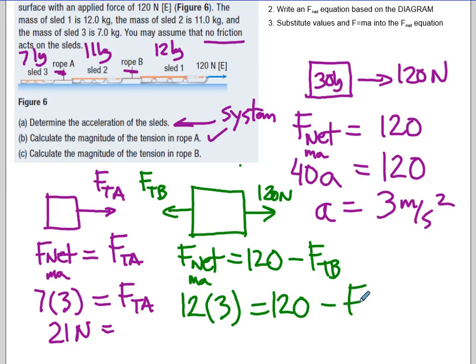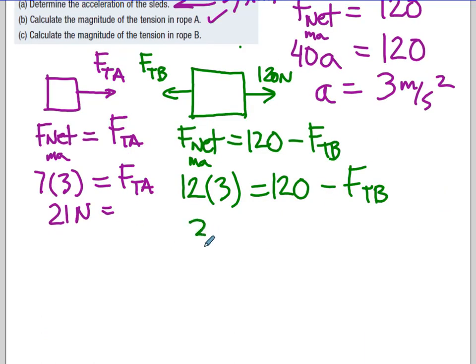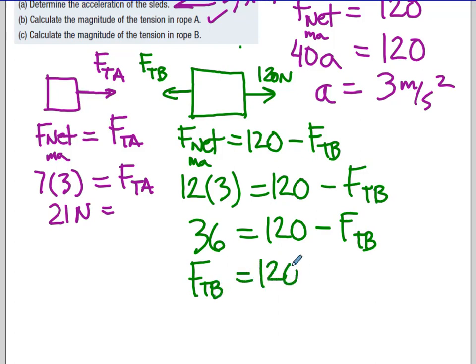And now we just have to find the tension in B. So this is 36 equals 120 minus the force of tension B. I'm going to rearrange, and try to eliminate a negative sign while I'm at it. And I should have a force of tension B of 84 newtons. Okay, and there's the tension force.